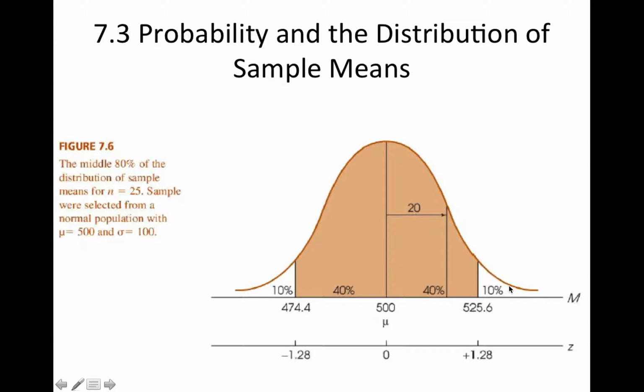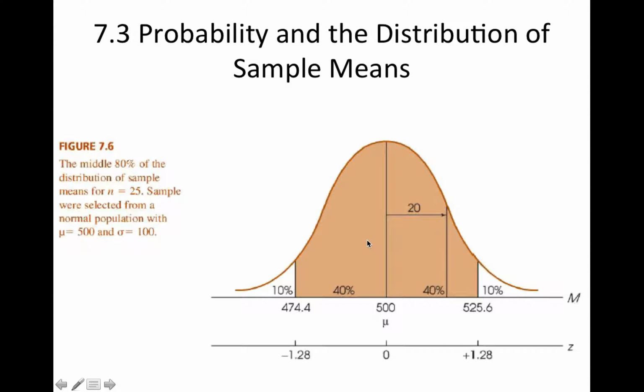And now let's say we want to say, what sample means would we expect to get 80% of the time? And what we would do is we would look up in our z-score table, where does 80% of the distribution lie? We could say, what z-score corresponds to 40% from the mean to the z-score.